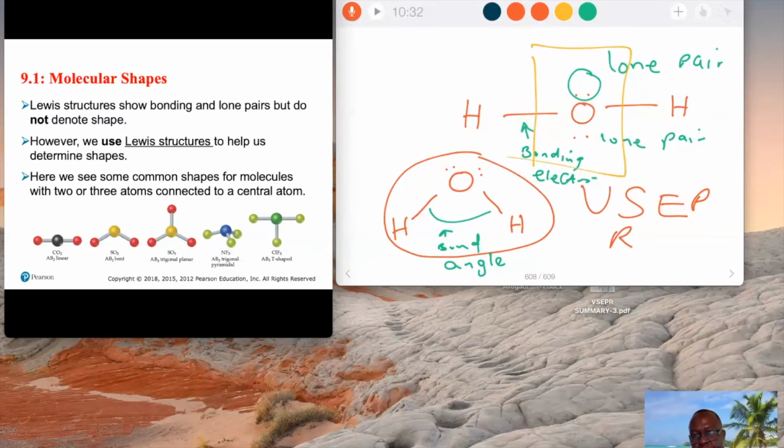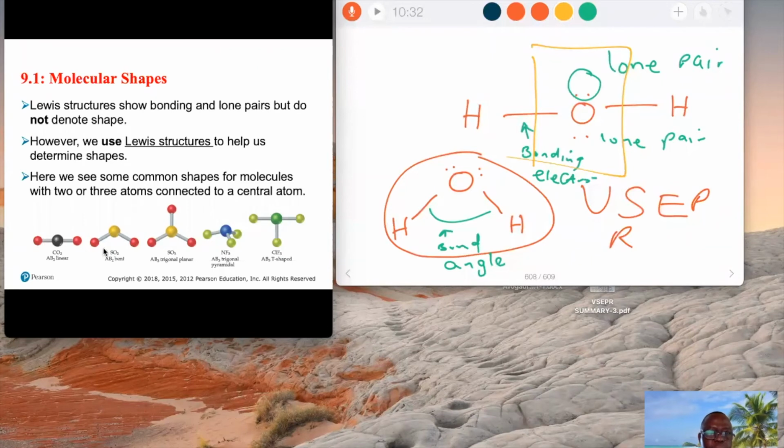I've used the yellow box right there to show you how we talk about the shape. We use the Lewis structure, of course. By now, I know you know how to draw the Lewis structure. If you don't know how to do it, molecular shape will be a challenge to you.